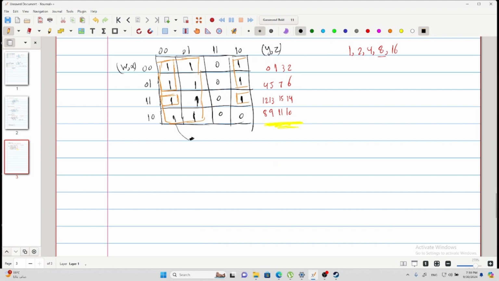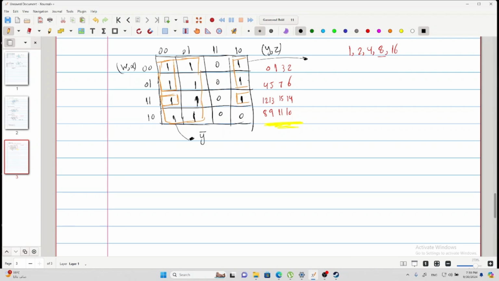So let's write the expression for it. First, we see a group of 8. W and X are all changing. You look here at Y and Z. Y is not changing, Y is 0 and 0, but Z is changing from 0 to 1. So the only variable that is constant is Y, which is actually Y prime because it's 0.